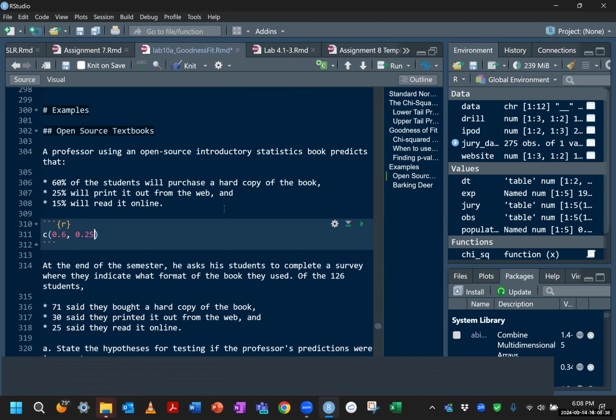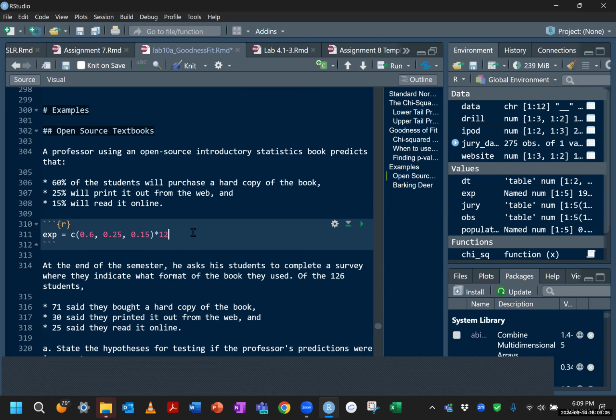Take a second to read this problem. We have a professor getting textbooks. He expects that 60% of students will purchase a hard copy, 25% web, 15% online. So this is what he expects. I'm going to call this the expected proportion. And it looks like he has 126 total students.